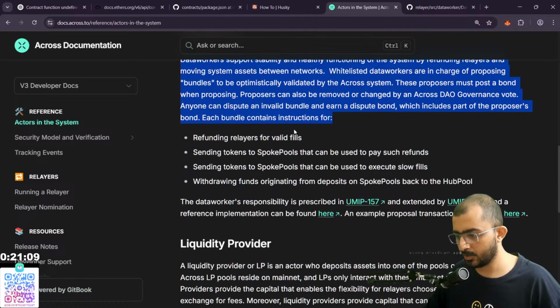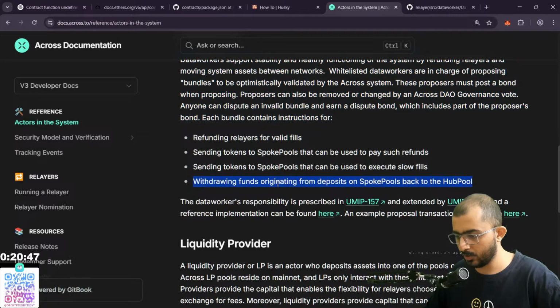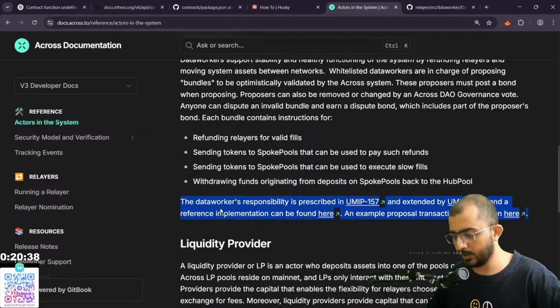Each bundle contains instructions for the following: refunding relayers for valid fills, sending tokens to the spoke pool that can be used to pay such refunds, sending tokens to the spoke pool that can be used to execute slow fills, and withdrawing funds originating from deposits on the spoke pool back to the hub pool. It does multiple things and just posts it.